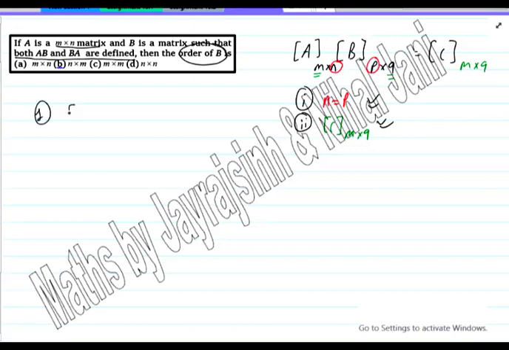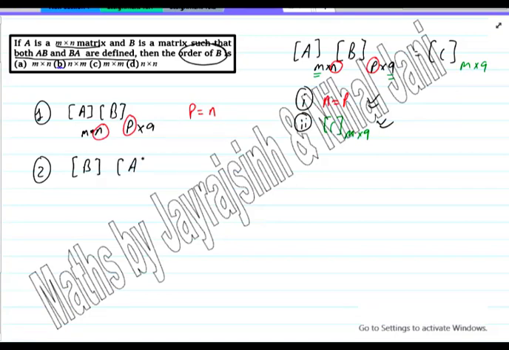So from the first matrix multiplication, which is A into B, we suggest that if A into B exists, then there must be P equal to N, right? Okay, but it is also given that B into A is also defined, right?